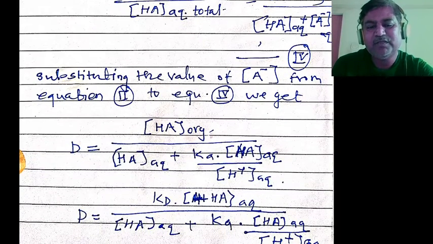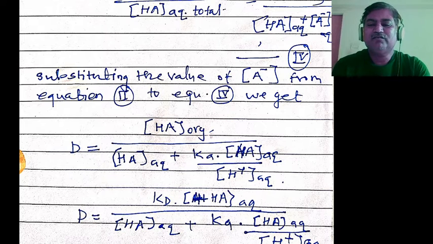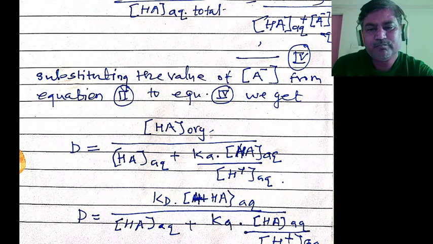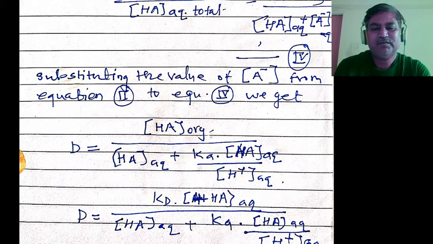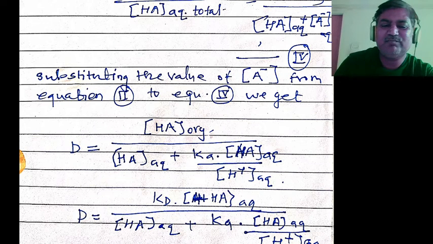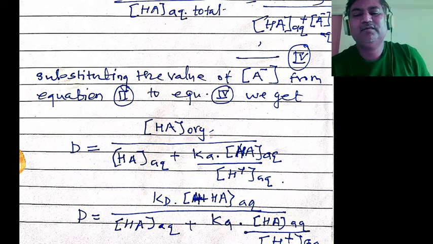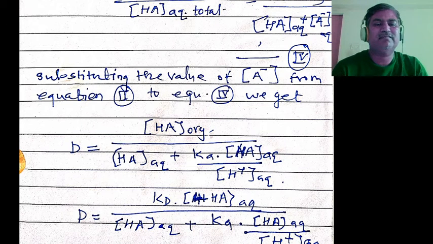The equation becomes now: distribution ratio is equal to concentration of HA in organic phase divided by concentration of HA in aqueous phase plus Ka into concentration of HA in aqueous phase divided by H plus ions concentration. In this equation we have substituted the value of A minus from equation second.